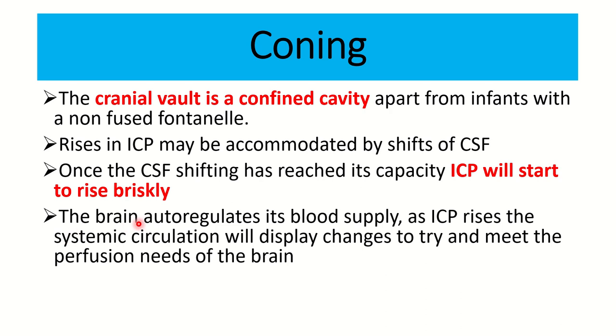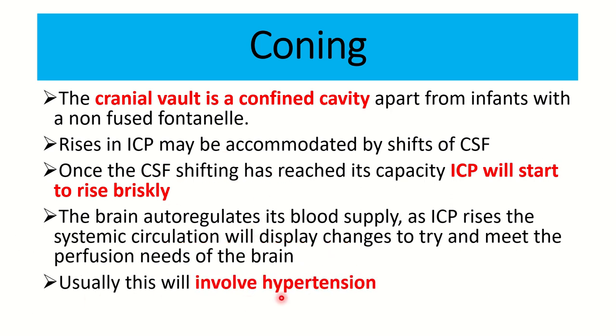So here we can see the brain autoregulates its blood supply as the ICP rises. Systemic circulation pressure also increases to meet the supply of blood to the brain. And for this condition, what normally occurs? Hypertension develops. That means the systemic vascular pressure increases to supply blood against a high intracranial pressure.